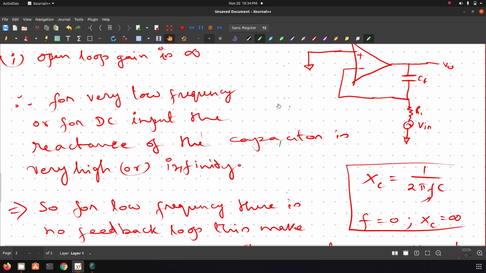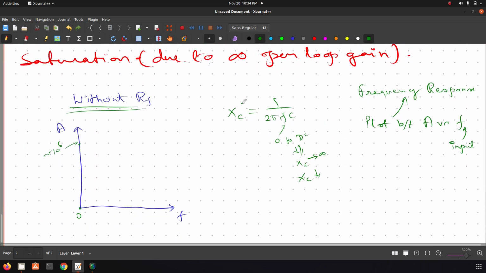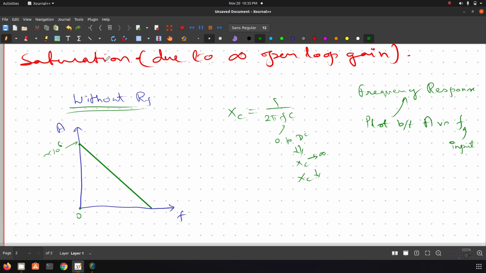As a result, the gain starts to decline slowly at a constant rate, not like a straight line. Let me draw it with a line. From there it starts to decline slowly at a constant rate.